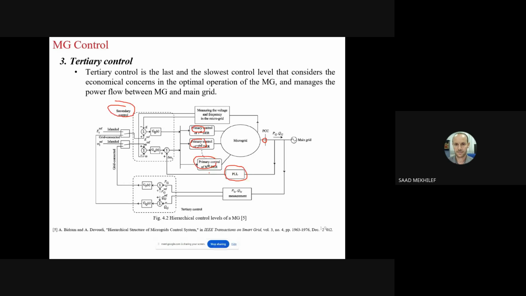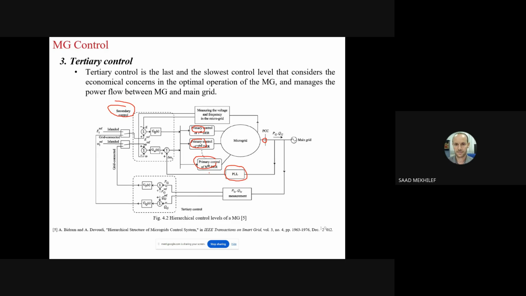For example, if I have a PV, a photovoltaic, what does my primary control do? The primary control tries to push the PV panel to operate at the maximum power and stabilize the voltage at the output of the PV.